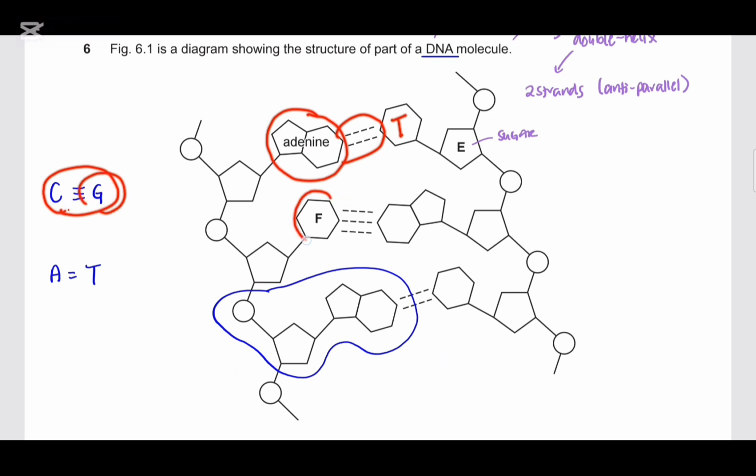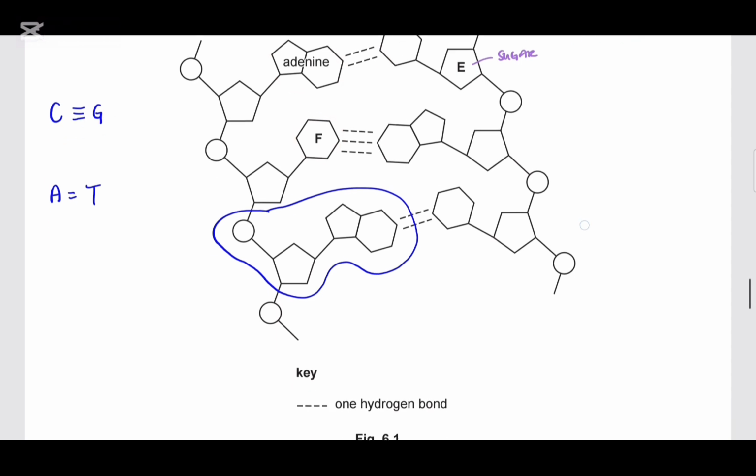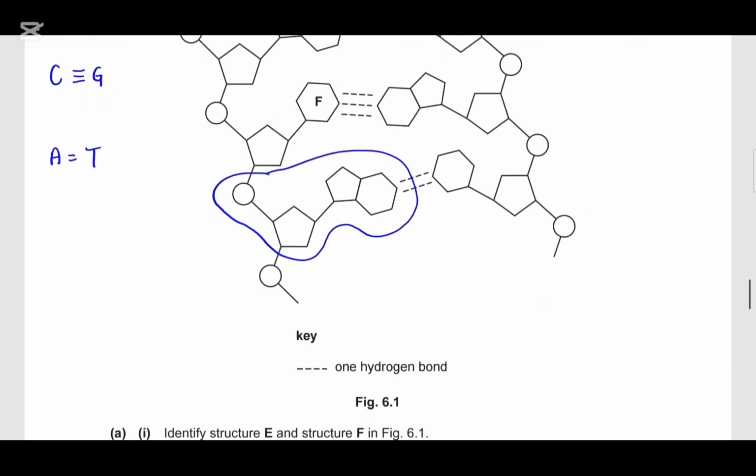How do we know that this is for sure cytosine and not guanine? Next you need to remember the descriptions of purines and pyrimidines. In class, I asked you to remember about CUT PY, where PY refers to pyrimidines. What is the difference between purines and pyrimidines?